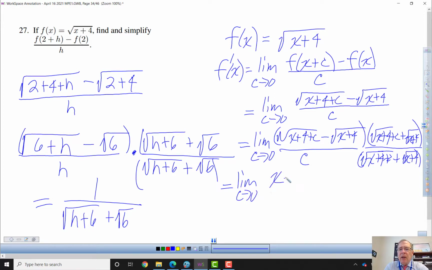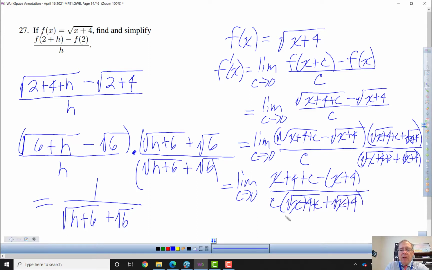So this is going to be x plus 4 plus c minus x plus 4, all over c times the square root of x plus 4 plus c plus the square root of x plus 4.